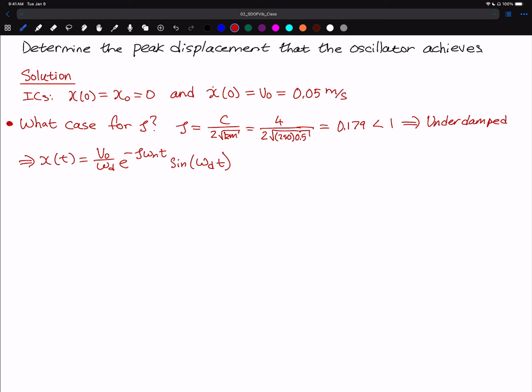And so, in this case, we're going to use the velocity, and we're going to set the velocity to 0. We know that once the velocity is 0, then we can use that time to find the maximum displacement.